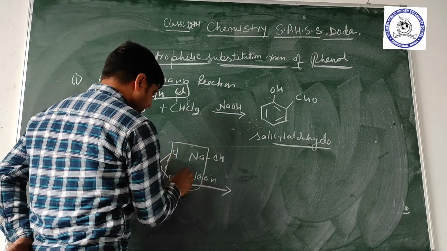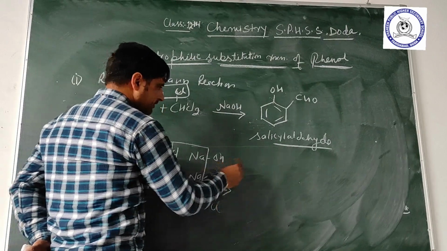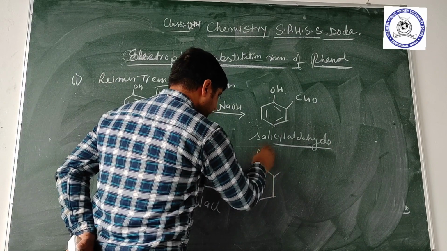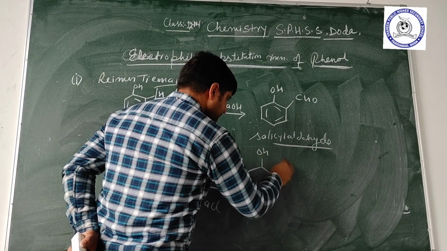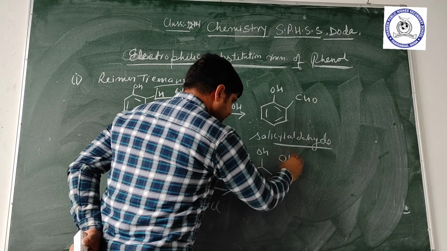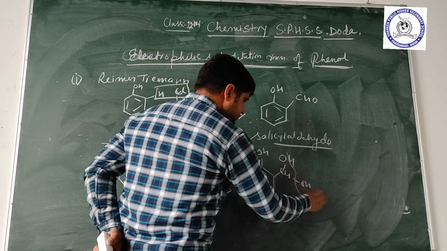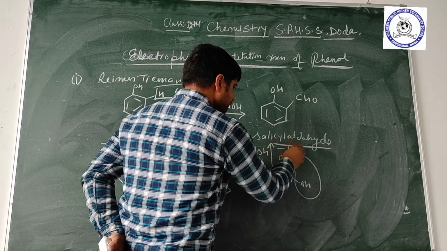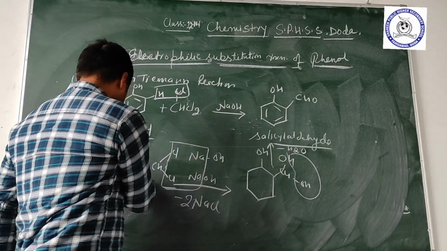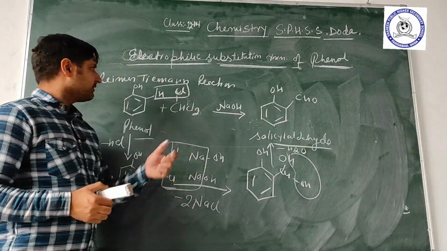This can be eliminated, minus twice NaCl. The adduct is this, followed by hydrolysis, minus H2O to dehydration. They form the product salicylaldehyde.